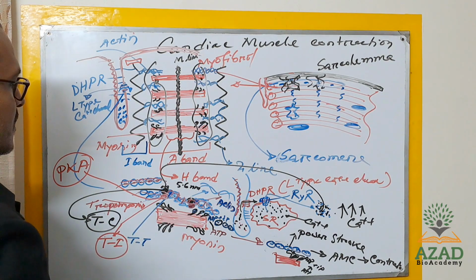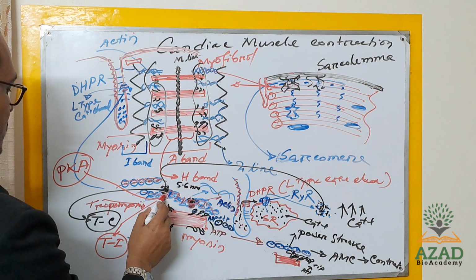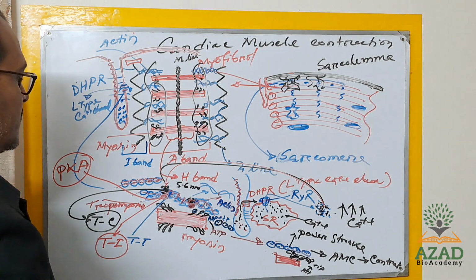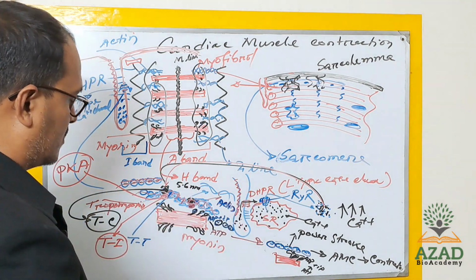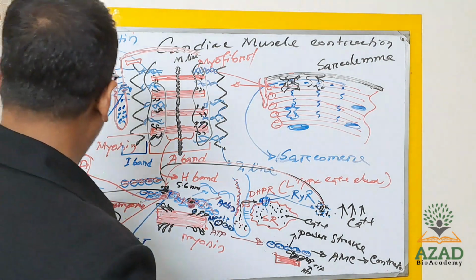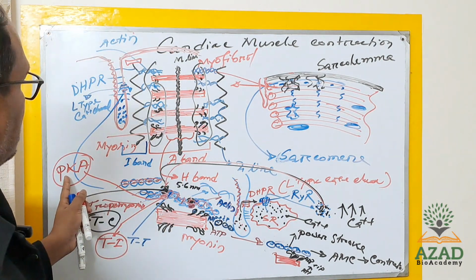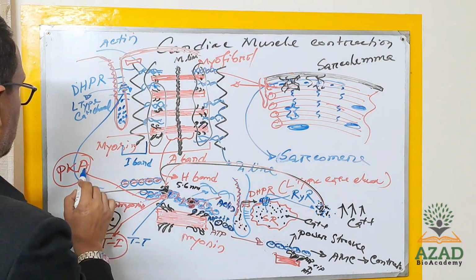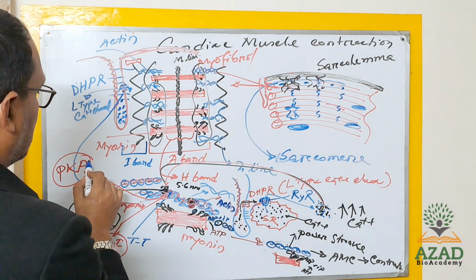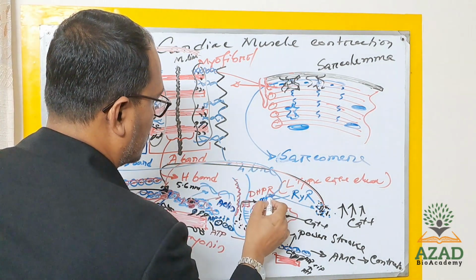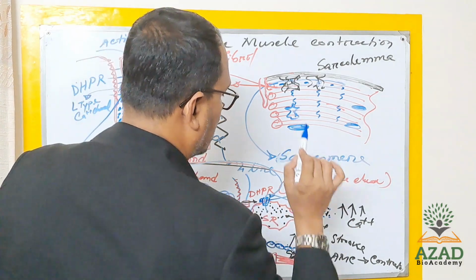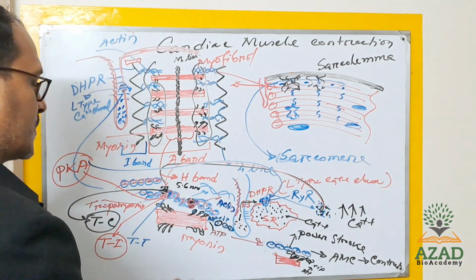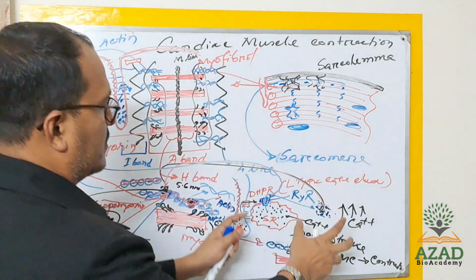Then it will facilitate more calcium binding to troponin C. And PKA has another function: it can phosphorylate the ryanodine receptor to release more calcium inside the cell, that means intracellular calcium increasing. Those are the contractile contributions.